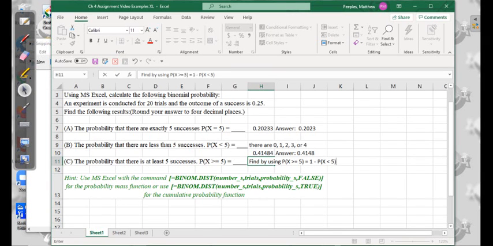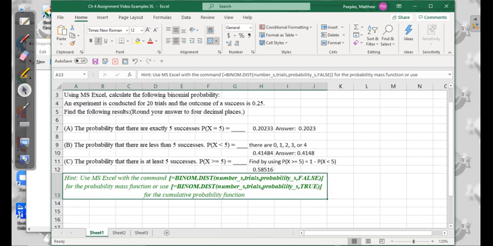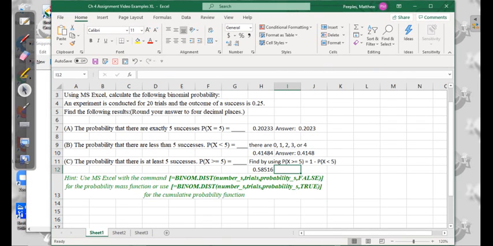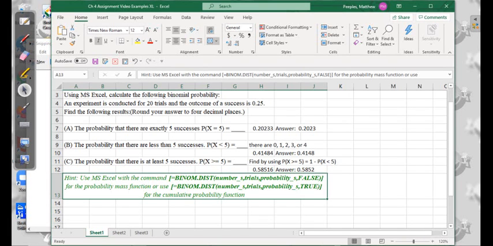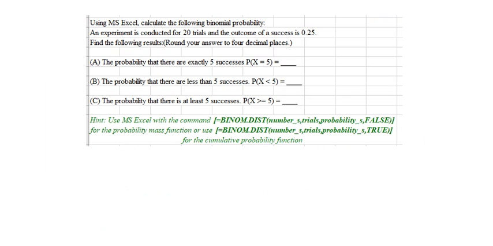Get it? We're just going to take whatever we got above and subtract it from 1. So we can just simply say 1 minus this guy right here. And there's our answer. If we round that to 4 decimal places, 0.5852. There we go. Good luck.